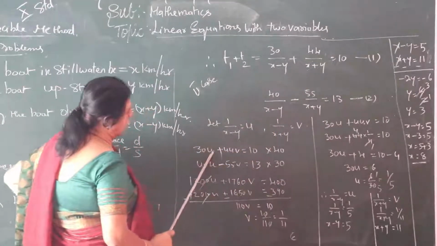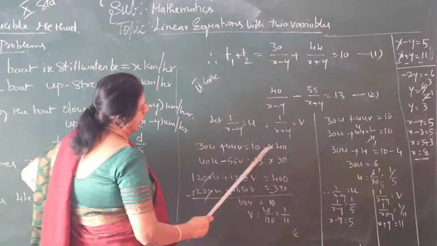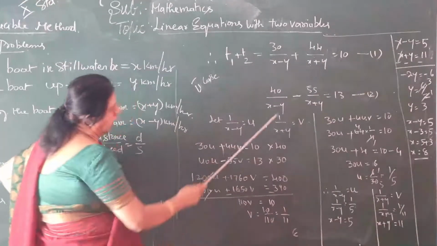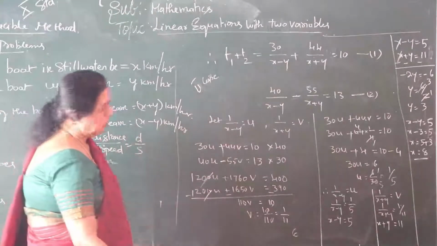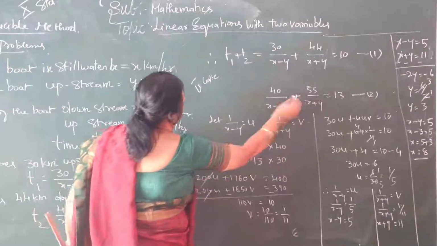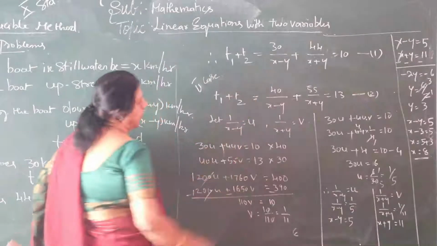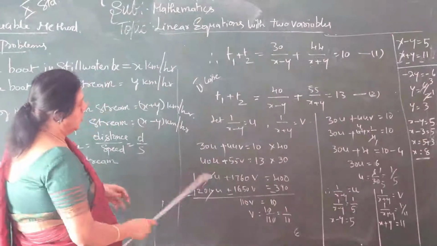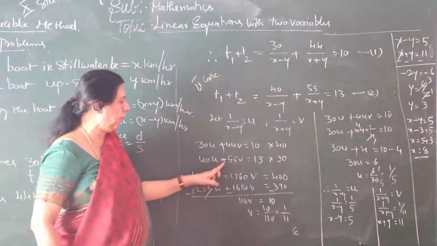So that is 30 u plus 44 v is equal to 10, and 40 u. Wait children, this is also plus. Here also T1 plus T2 is equal to 13. So plus here; look at the board also. 40 u plus 55 v.